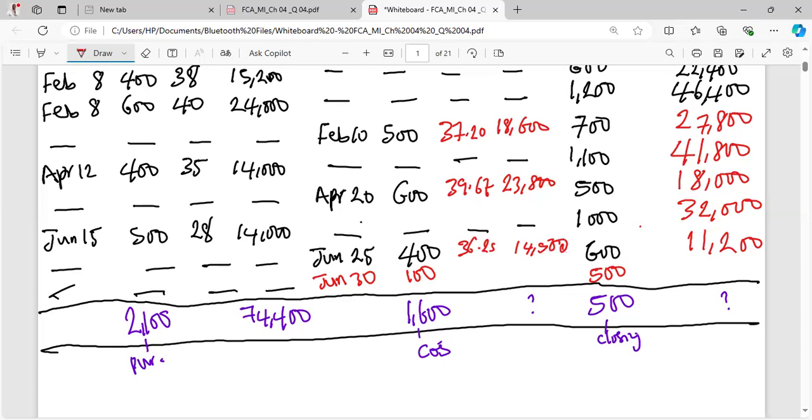And when we remove 14,500 from 32,000, so we have 32,000 minus 14,500, that will give us 17,500. So 17,500 should be here. All right.